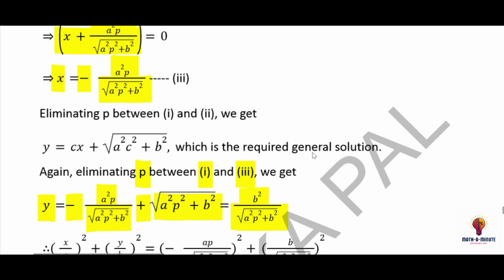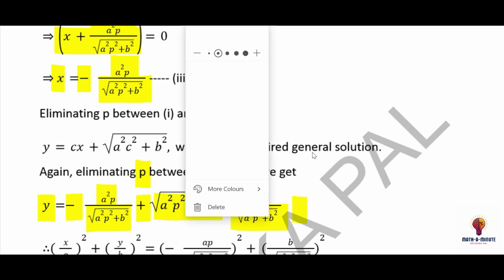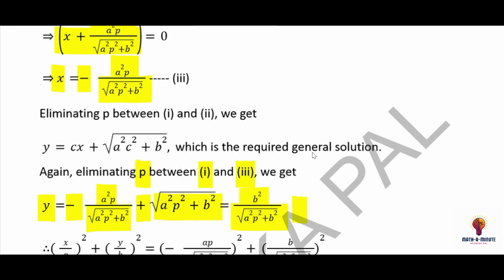Now from this equation, let me take it as equation 3. Now we can write this equation in the form of y by b equals b by the square root of a²p² plus b².